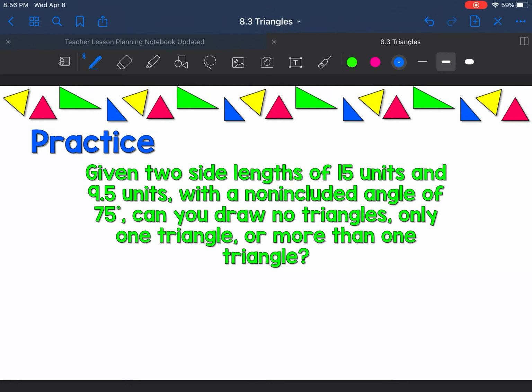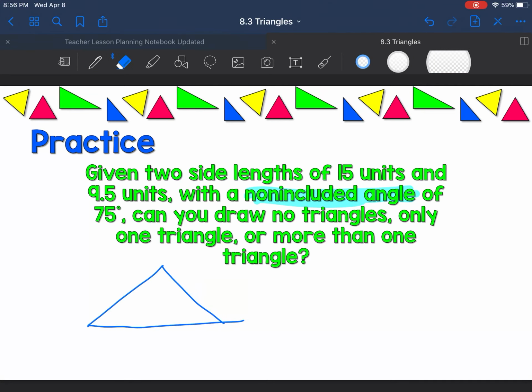It says, given two side lengths of 15 units and 9.5 units with a non-included angle of 75 degrees, can you draw no triangles, only one triangle, or more than one triangle? Let's go back to what we talked about before, and let's draw this. So I have this triangle. It doesn't have to be perfect.